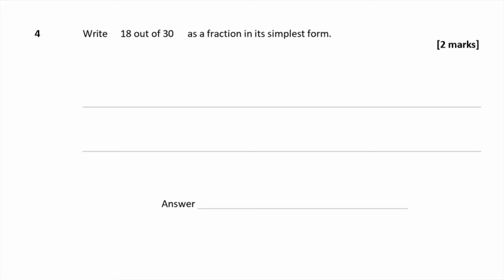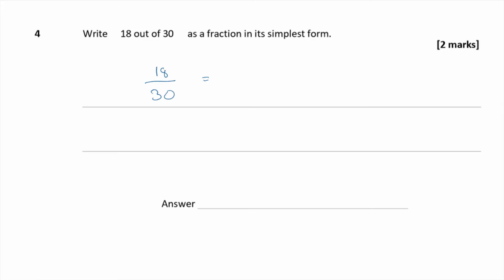Question 4. Write 18 out of 30 as a fraction in its simplest form. Well, 18 out of 30 is a fraction, first off. It's going to be 18 out of 30, like that, isn't it? 18 on the top is the numerator, 30 is the denominator. And then what we're going to do is look for common factors. Now, what numbers go into 18 and also go into 30? Well, I know that 18 is in the 3 times table and so is 30, but there's actually a bigger number. It's always worth holding back, see if you can find a bigger one.